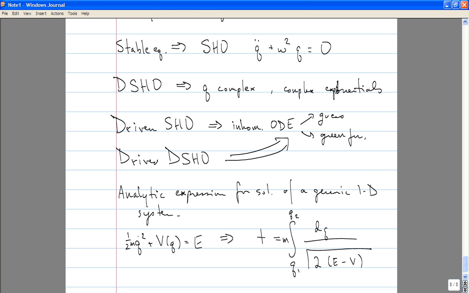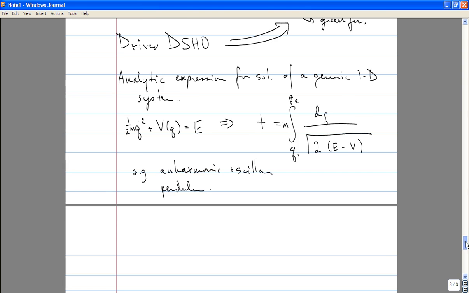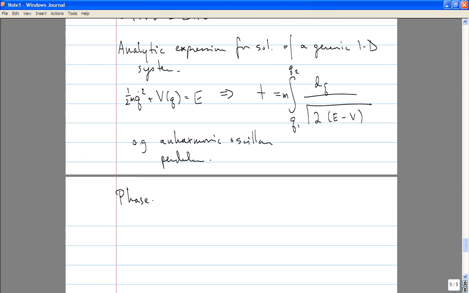And this expression was useful, for example, for computing the period of the anharmonic oscillator, as well as the pendulum, and various other interesting sorts of problems. And we also understood the utility of using phase diagrams to analyze the behavior of an arbitrary one-dimensional system.